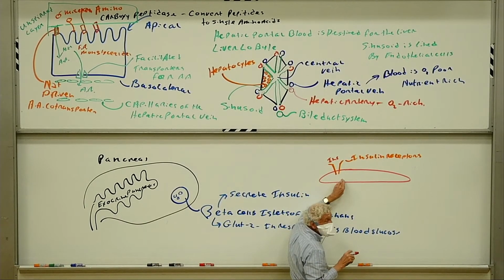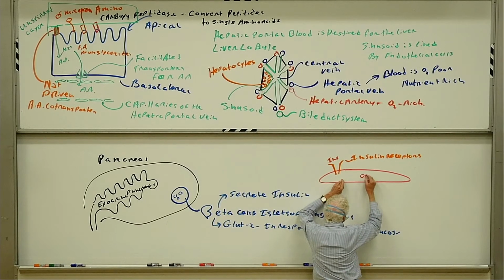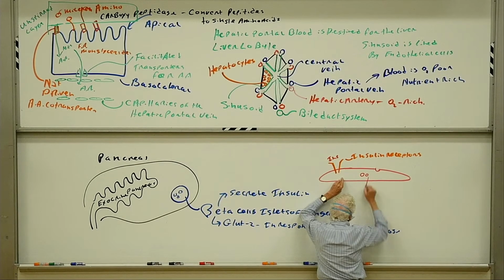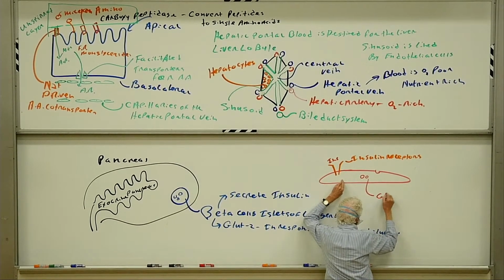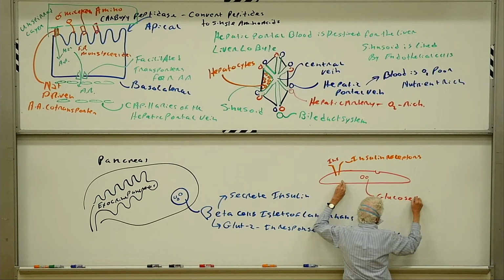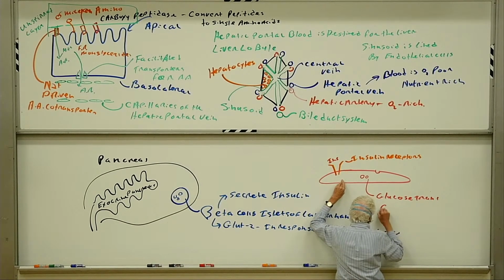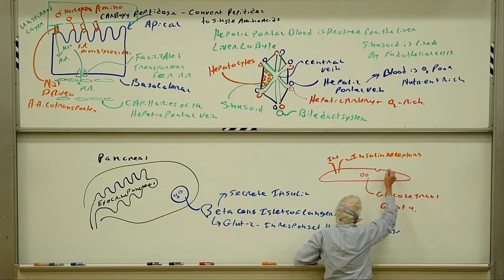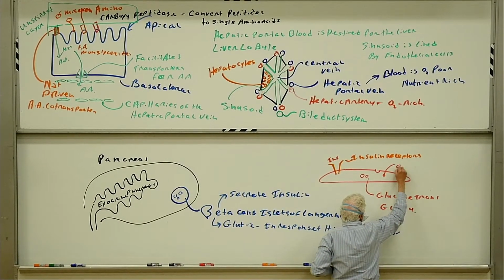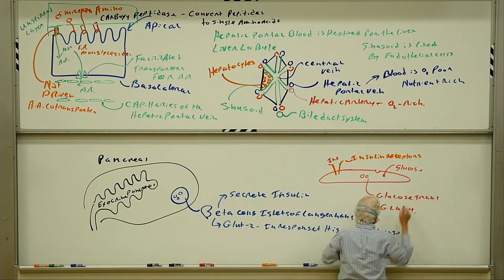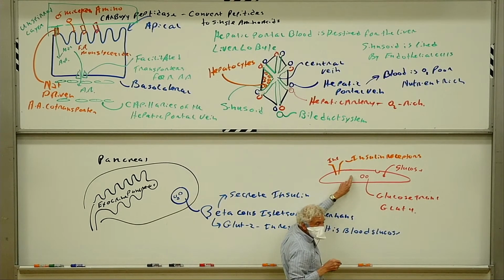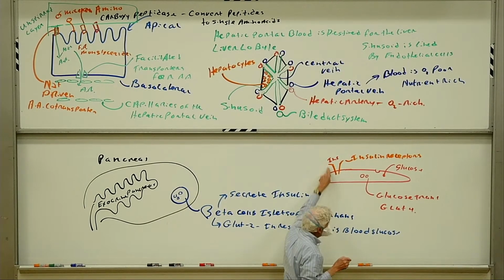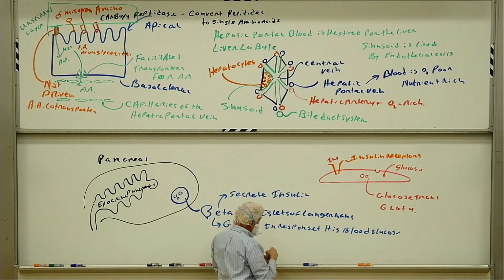It binds to these receptors, and in response, vesicles fuse with the plasma membrane. And these vesicles contain a glucose transporter called GLUT4. This glucose transporter allows glucose to go into these cells. Without GLUT4, glucose doesn't have access to these cells, or at least not very easily. So the function of the insulin is to allow glucose into the cells.